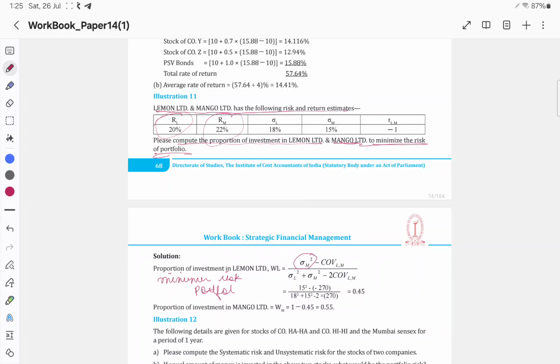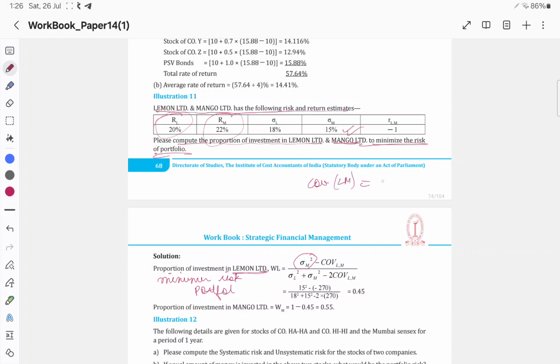Okay, so suppose we are calculating the investment in Lemon Limited. So what will we do? We will take the variance of the other stock. The variance of the other stock is basically 15 whole square, minus the covariance of both. The covariance of both is 270. We'll calculate the covariance of LM.